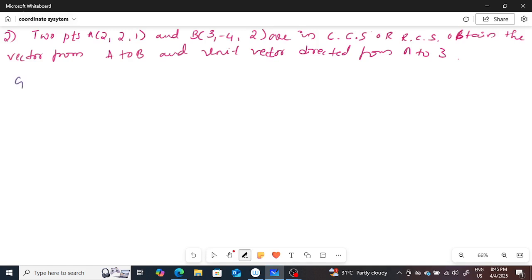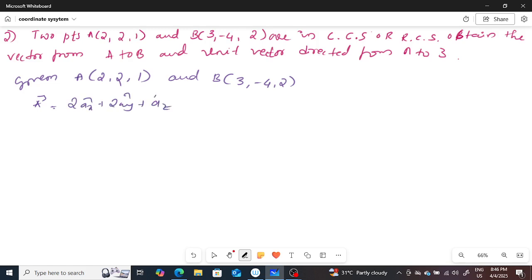So the given points are A of 2, 2, 1 and B of 3, minus 4, 2. The A vector can be written directly as 2ax plus 2ay plus az.